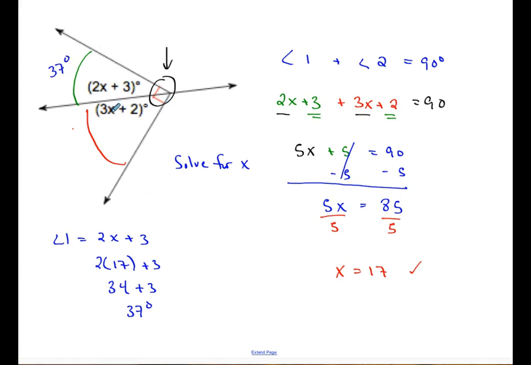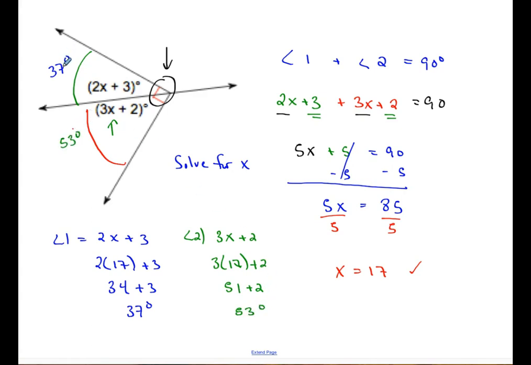For your second angle, you could go back and substitute in for x again. So if I did here, I would do angle 2 is 3x plus 2, or 3 times 17 plus 2. 3 times 17 is 51 plus 2, and I get 53 degrees, which works.